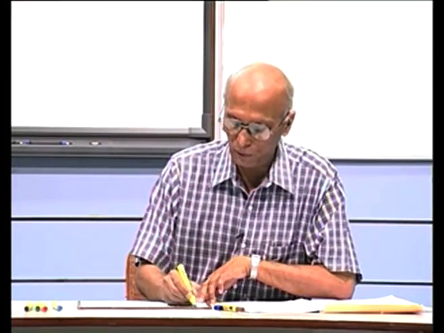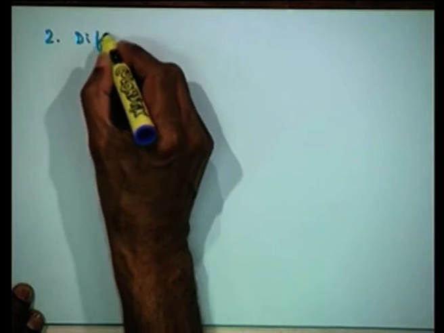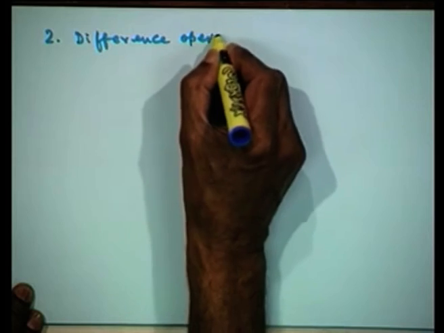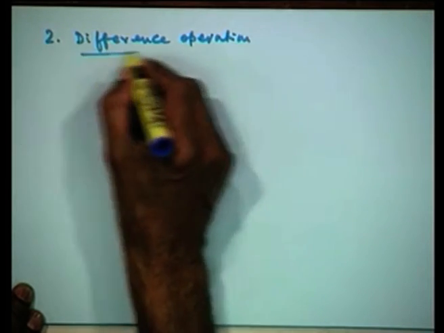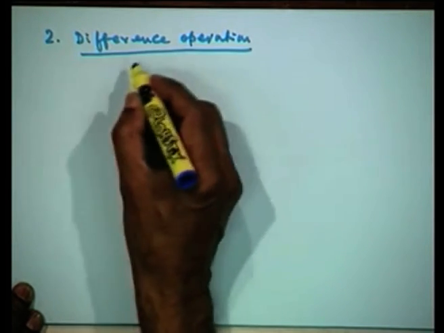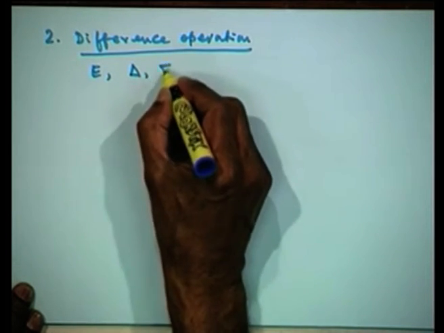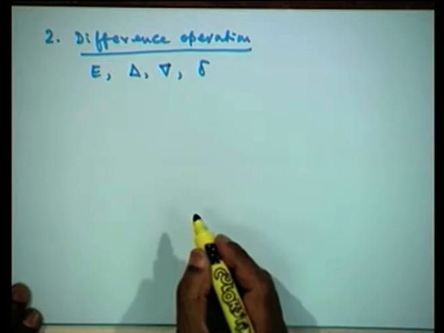The formulas that we have derived so far can also be derived alternatively by using the difference operators. If you remember, we have defined mainly the operators E, the shift operator, forward difference, backward difference, central difference.